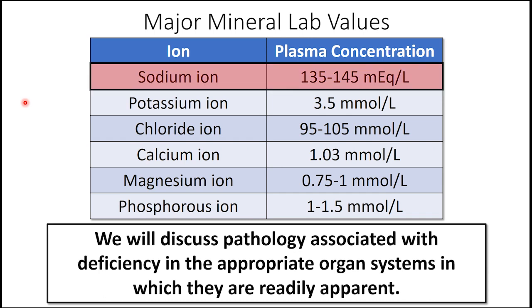Oh, and before I move on, I just want to mention this concentration, milliequivalent. An equivalent is quite literally what it says, an equivalent. Let's say you were looking at acids and bases, and you had an acid that was monoprotic, that is, it only gives up one proton. Then if you had 1 mole of that acid, you would have one equivalent of that acid. If you had a diprotic acid, that is an acid that can give up 2 protons, and it gave up all those protons completely, then 1 mole of that acid would be 2 equivalents.